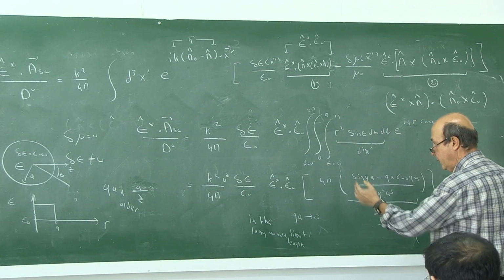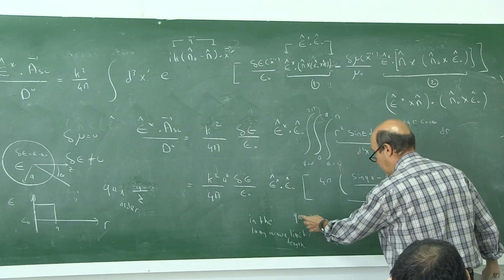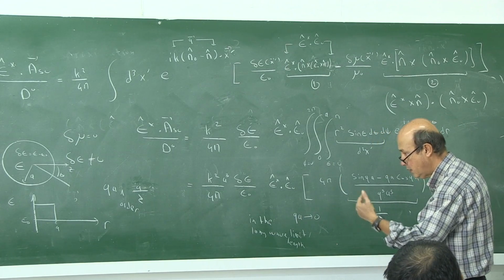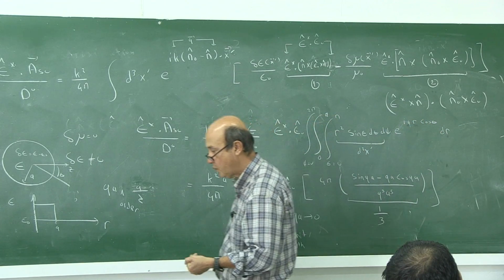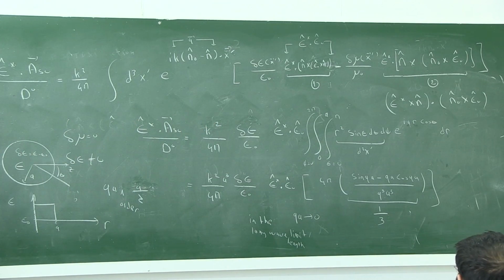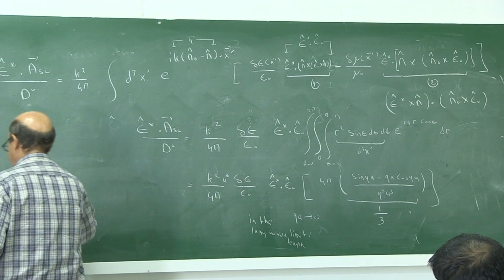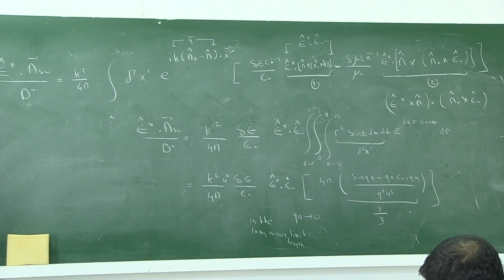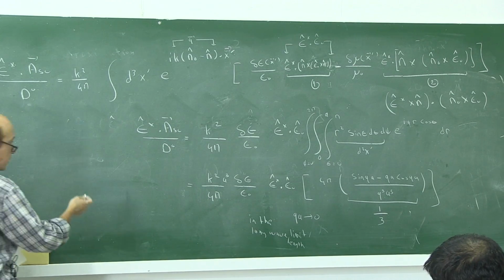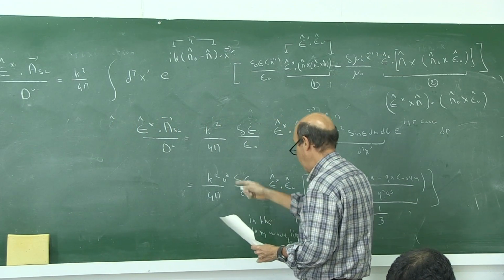And the second thing, when you take the integral, you can go to the long wave limit taking qa as 0, because q is proportional to inverse wavelength and a is the size of the scatterer. a over lambda has to go to 0. Then the result will be the following. So this is 1 over 3, and you have a cube.